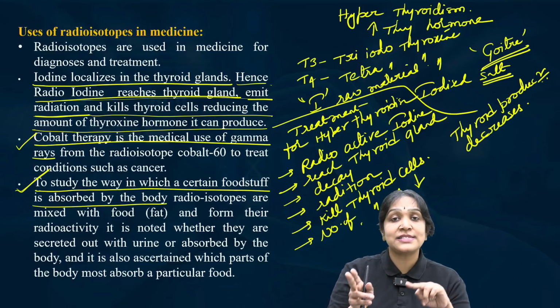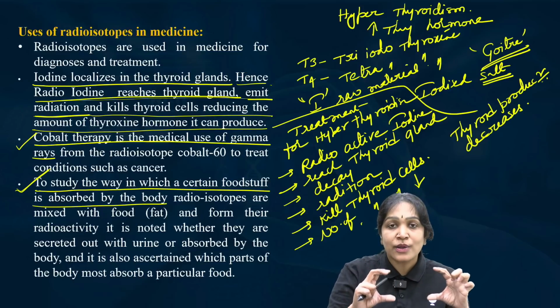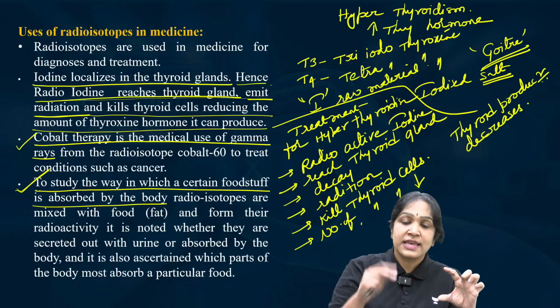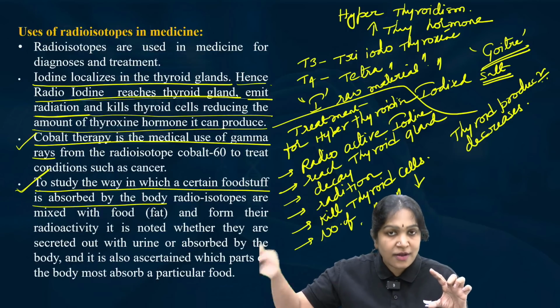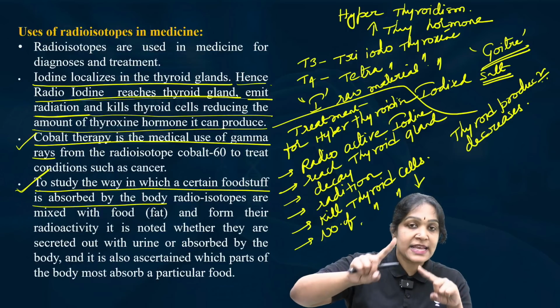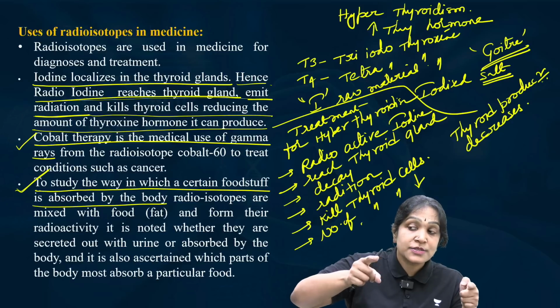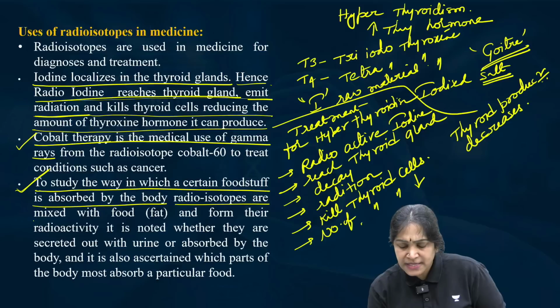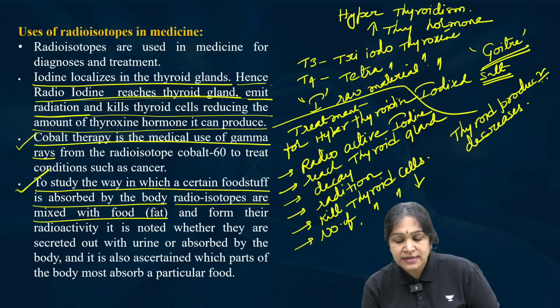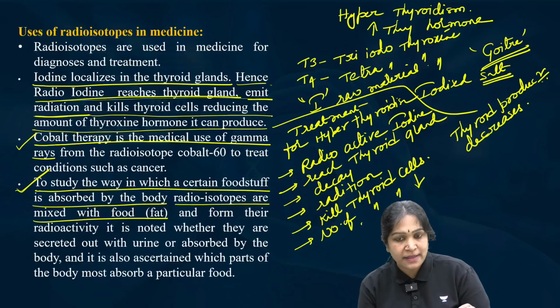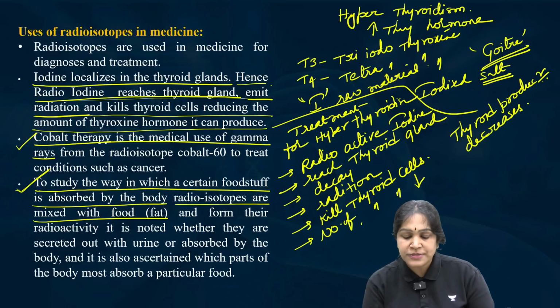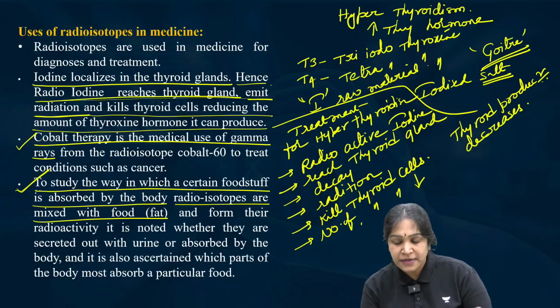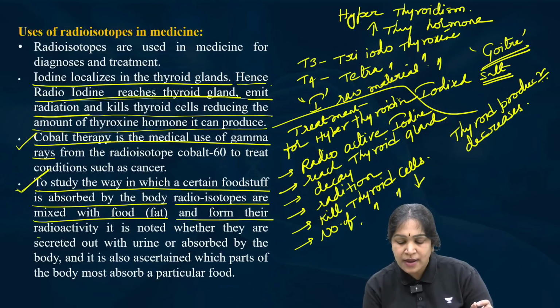And then you can study whether a particular nutrient is excreted out of the body or absorbed. Second level, if it is absorbed, which part of the body is it going to? Radioisotopes are mixed with the food. I repeat, to study the way in which certain foodstuff is absorbed by the body, the radioisotopes are mixed with the foodstuff and their radioactivity is monitored.